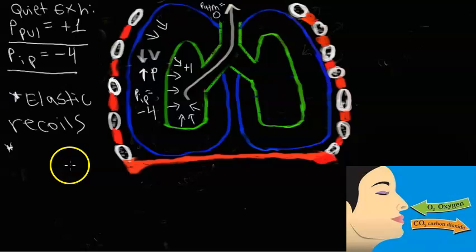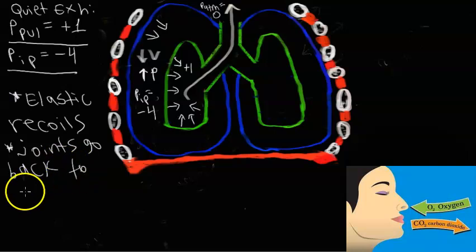Okay? Another thing that we have here is that the joints go back to neutral. So we'll talk about the joints that are involved in the rib cage moving, and so they just go back to their anatomical position, back to their original state. Okay?